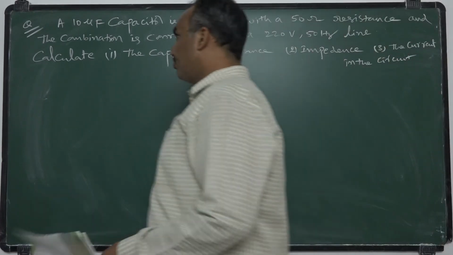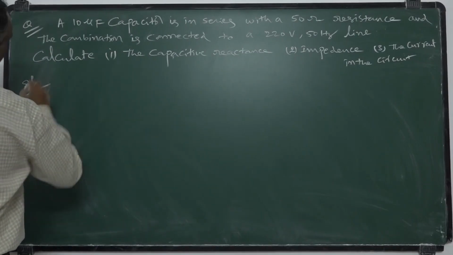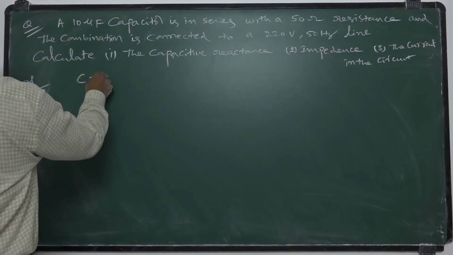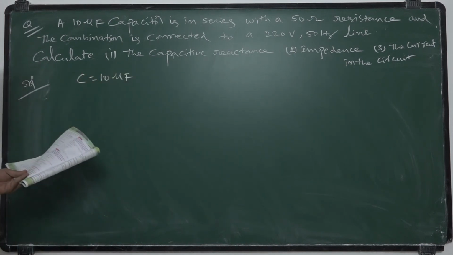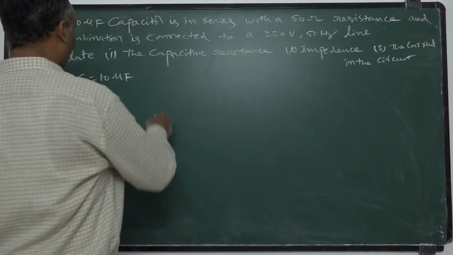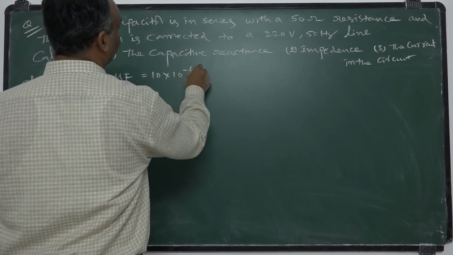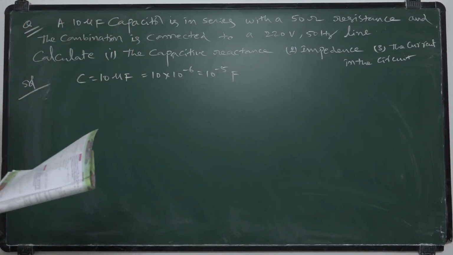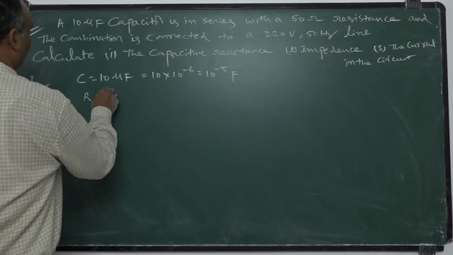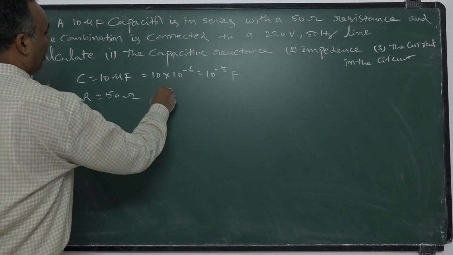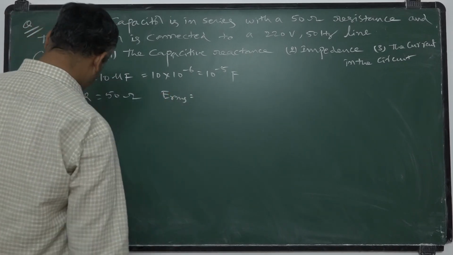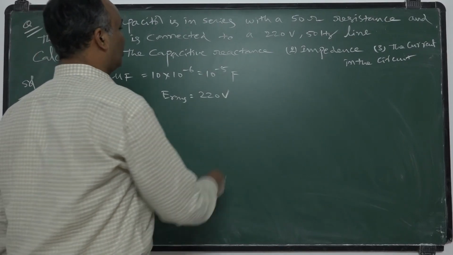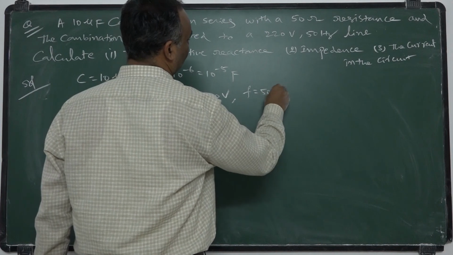This is the question. Solution, let me do like this. The solution part consists of the capacitor of 10 microfarad. 10 microfarad means 10 into 10 power minus 6, that is 10 power minus 5 farads. Resistance, they gave it as 50 ohms, and ERMS, they gave it as 220 volts, frequency again 50 Hz.